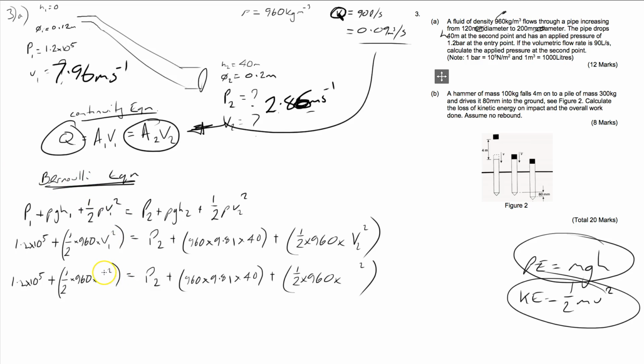So that will be 7.96 and that will be 2.86. And now what we will do is we will crunch these numbers. I'm just going to pause the video and do that because it'll be quite laborious for me to do it whilst recording.